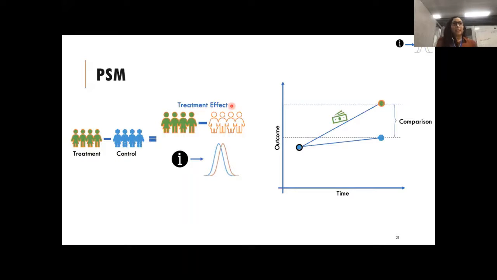Again, we're comparing the outcome of the people who were treated with the outcome of the people in the artificial group that we created that matches them. That artificial group represents the counterfactual, so they represent what would have happened to our participants in the absence of the intervention.